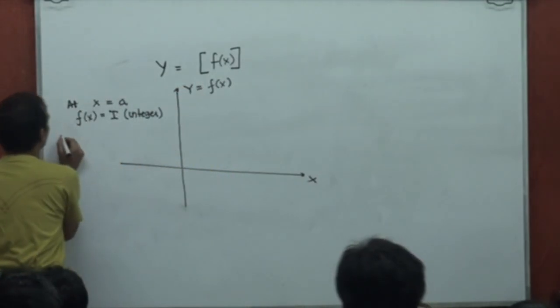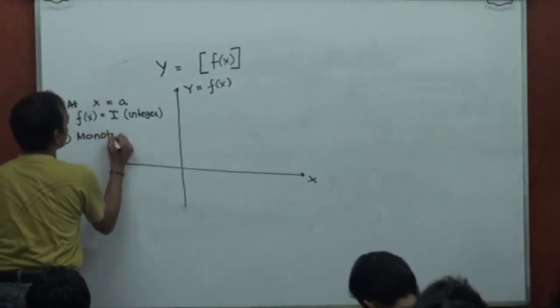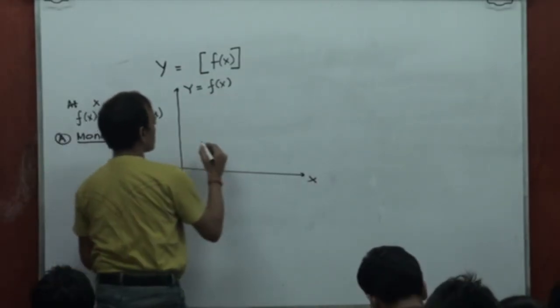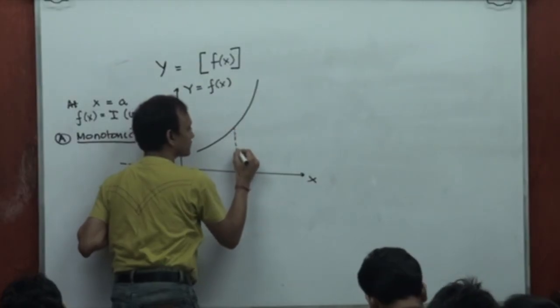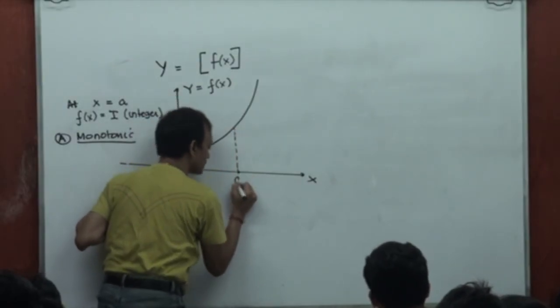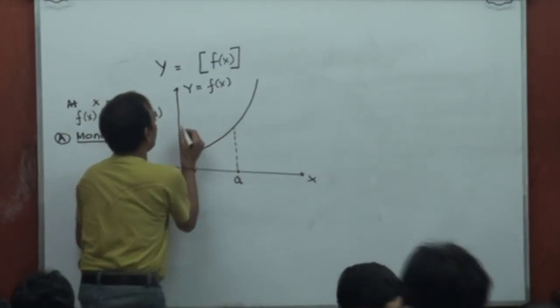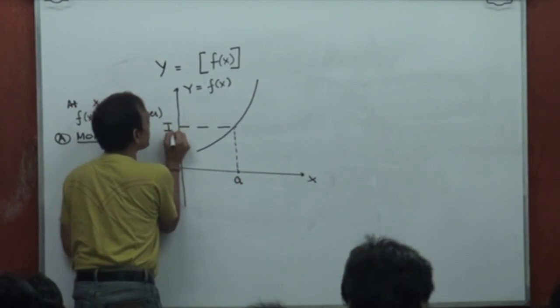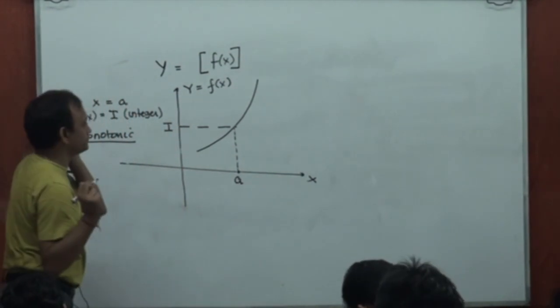So case 1 is when it's monotonic at x equal to a. Monotonic means, let's say, it's like this. It's monotonic at x equal to a, and at x equal to a, it assumes an integer value equal to I.